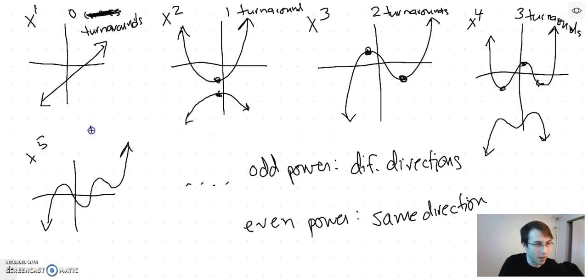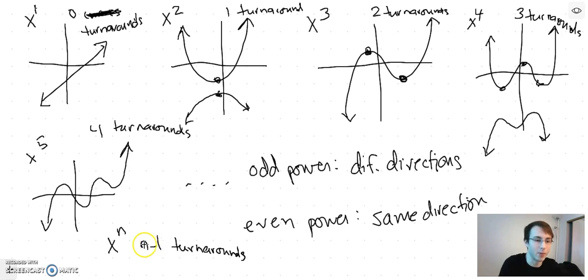X to the fifth, that can have 4 turnarounds. So you kind of see a pattern here. The other pattern is like x to the n has n minus 1 turnarounds, or is capable of having n minus 1 turnarounds.